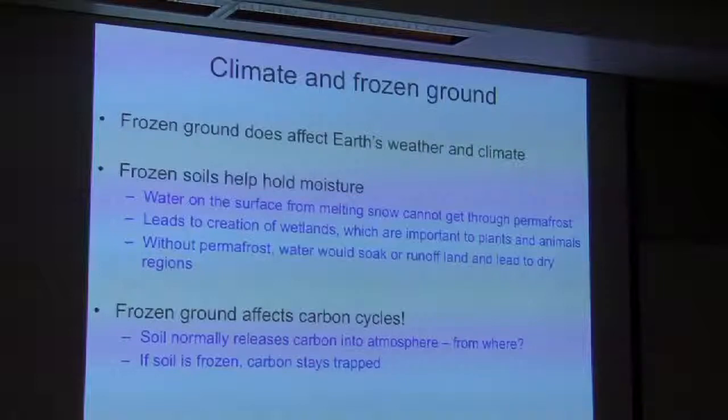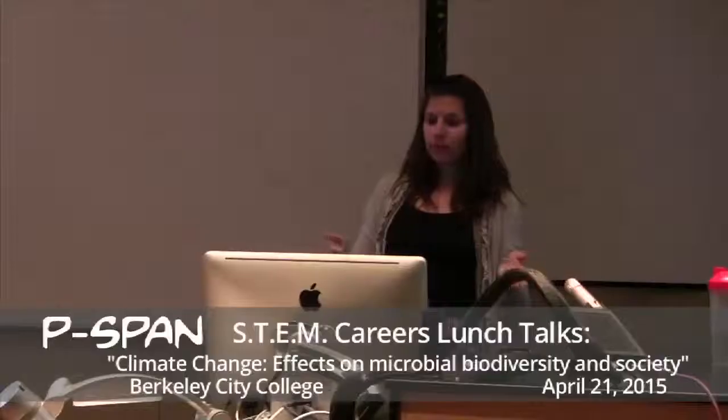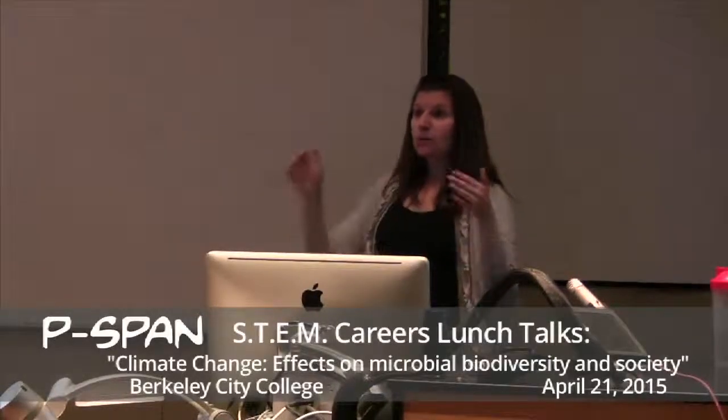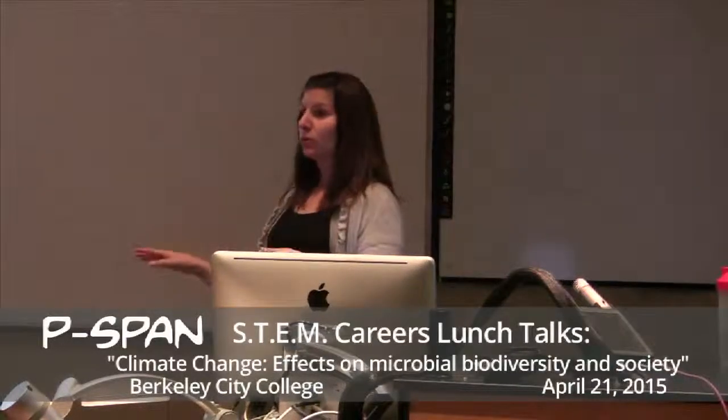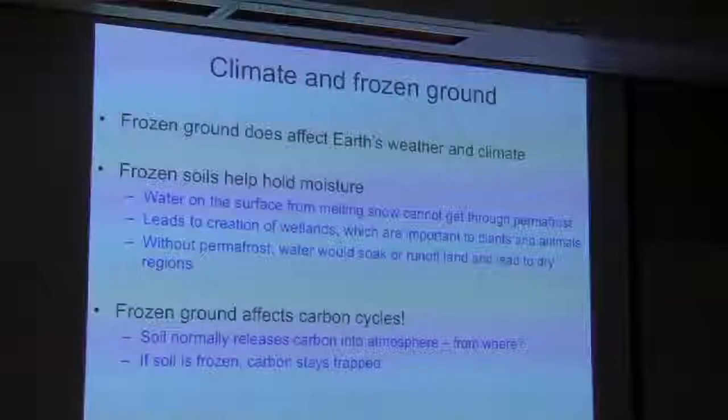So when you have melting snow that cannot penetrate the ice, you get actual pools or wetlands or bogs in the summer months. So it leads to the creation of wetlands, which are important to the plants and animals that live in that area. So without that permafrost, the water or the snow would melt and the water would run off and create these dry zones, essentially deserts.